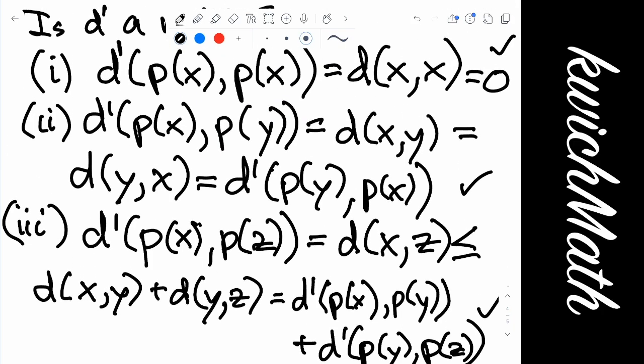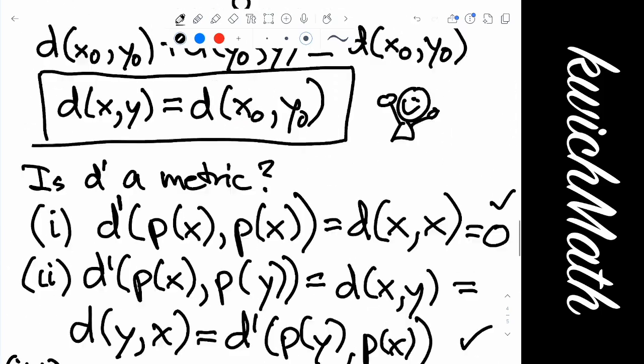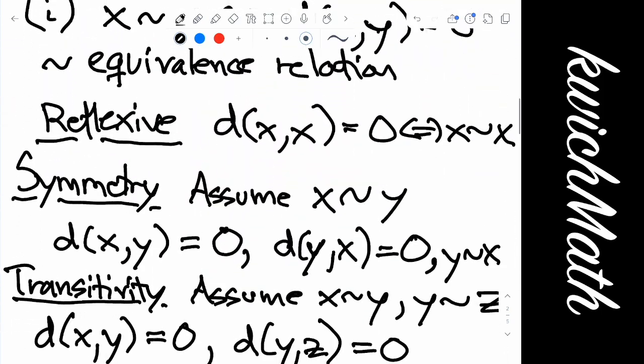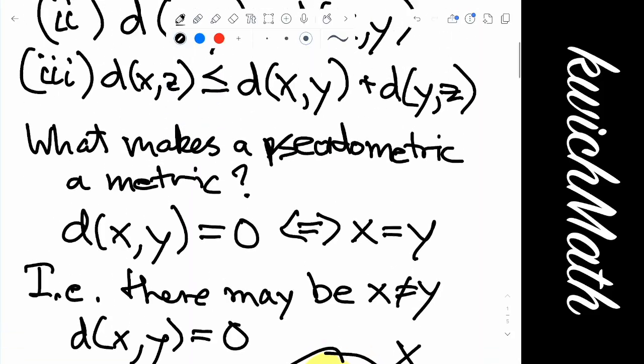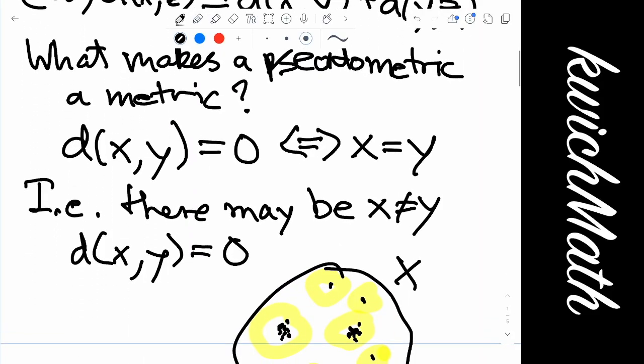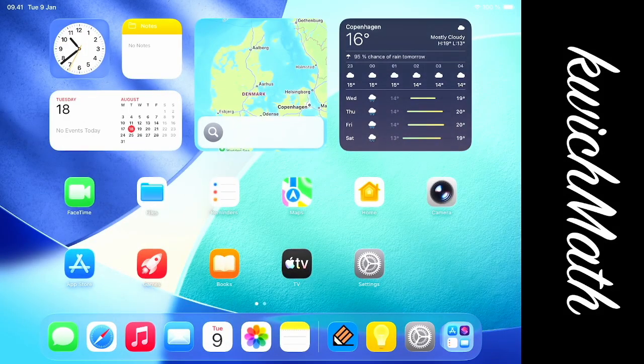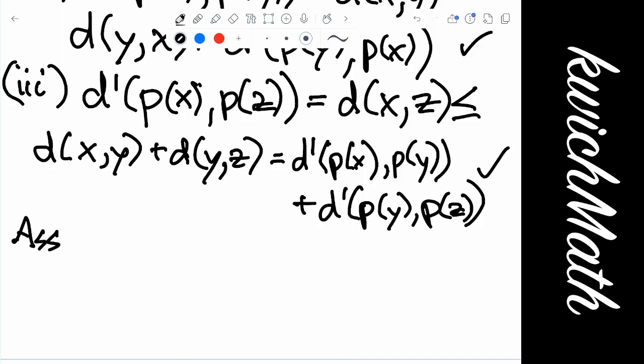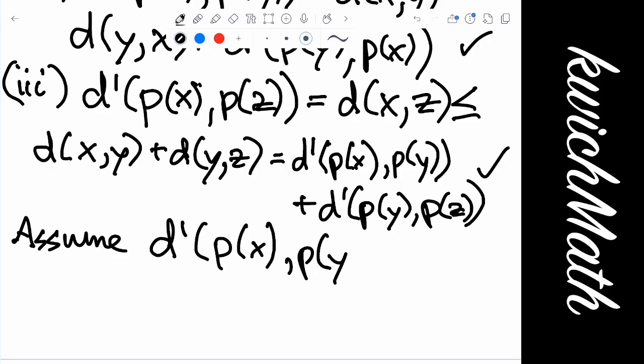So the thing we really need is the thing that makes a pseudometric a metric. That means if the distance from x to y is 0, that forces x to be equal to y. So assume that the distance from the equivalence class containing x to the equivalence class containing y is 0.